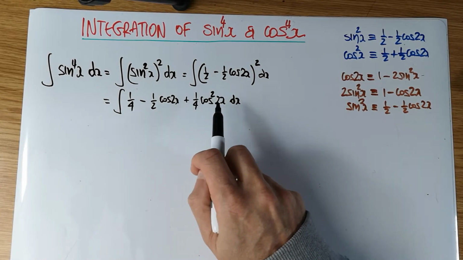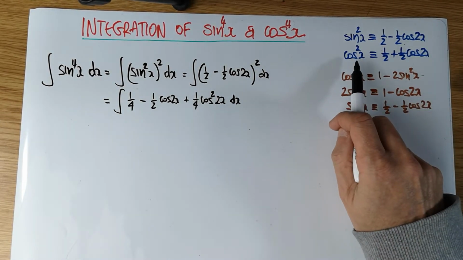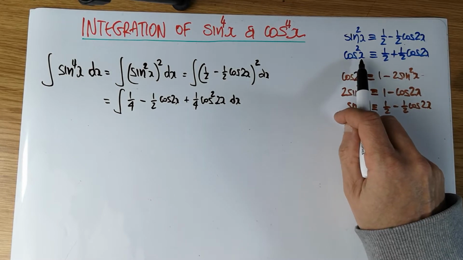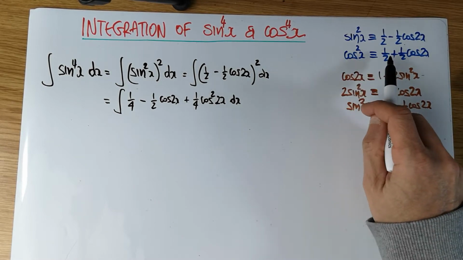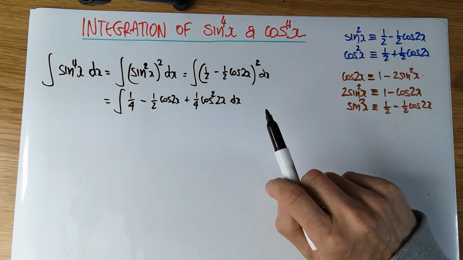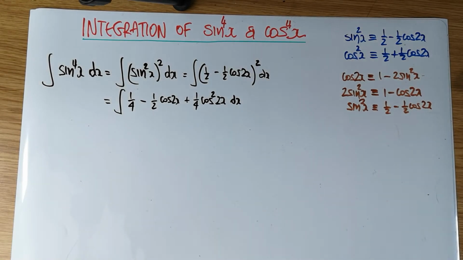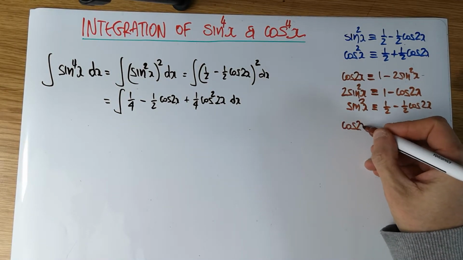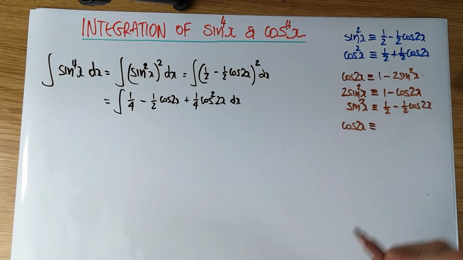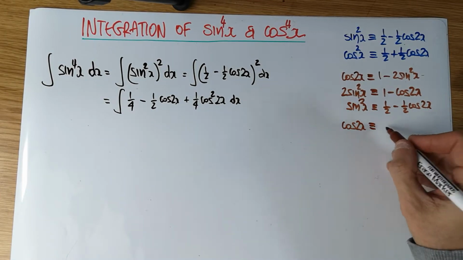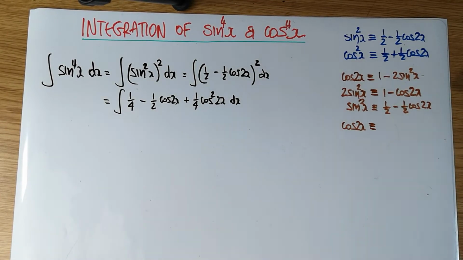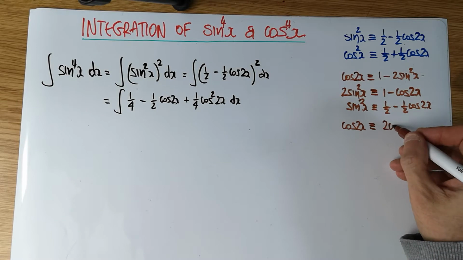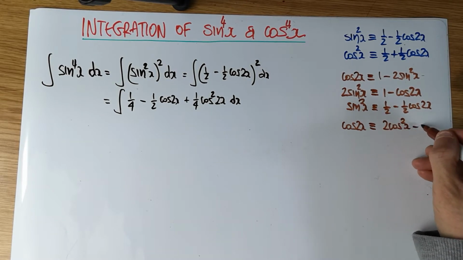The argument is of course 2x. I've written up here already the identity cos squared of x is identically equal to a half plus a half cos 2x. Where do you get this particular identity? Again, from your cos double angle. So if we look at the cos double angle, let me just write it so everybody's happy where these things are coming from. And I'm looking for a right hand side that contains a cos squared. So that's 2 cos squared x minus 1.